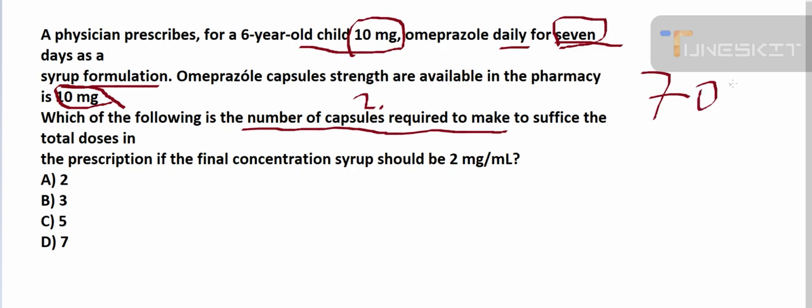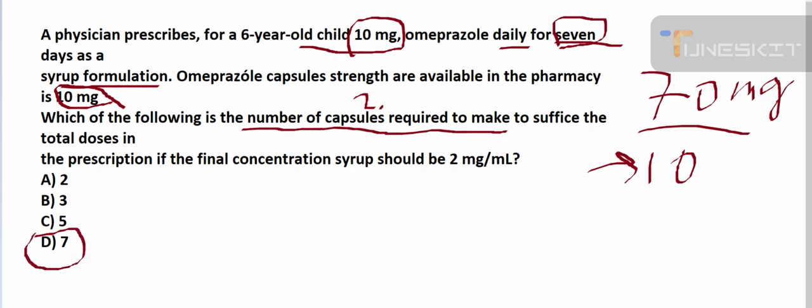If one day contains 10 mg, then 7 days will contain 70 mg. Omeprazole 10 mg capsules are available in the pharmacy. He has asked the number of capsules required. Very simple: if a 10 mg capsule is available, 7 capsules would be required for 7 days. So 7 is the answer.